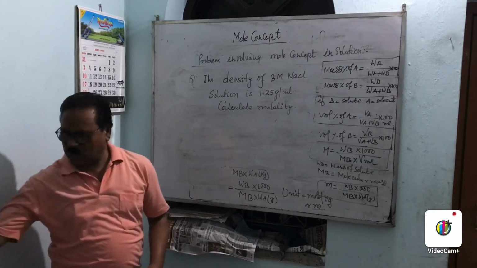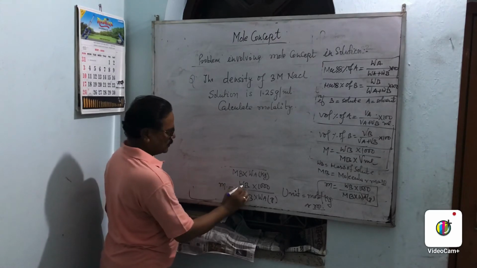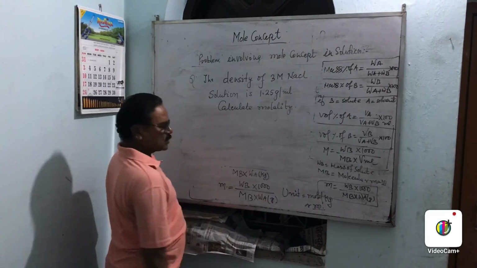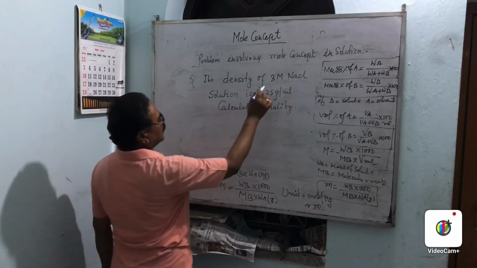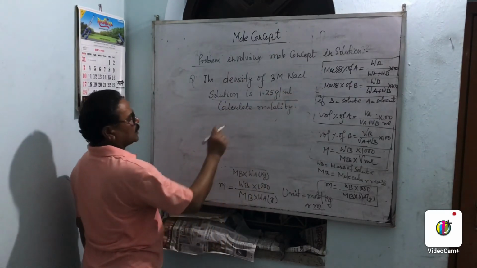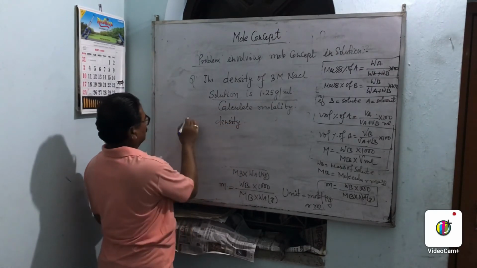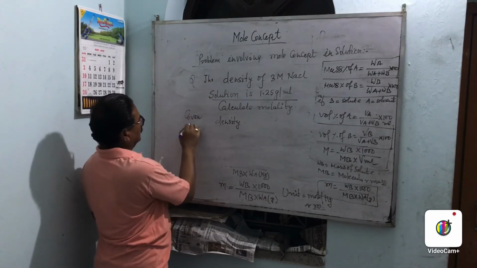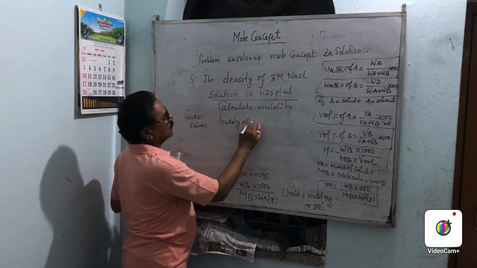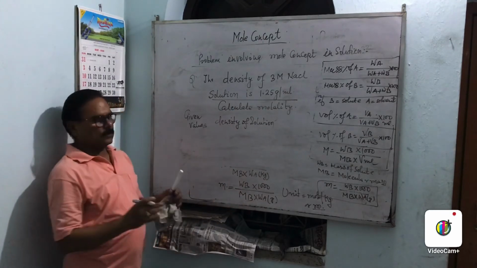Now the formula is written on your board. That is weight and molecular weight, and this is the mass of the solvent. First, the density of the solution is given. You see, given values. What are the values? Density of solution. If you are not able to find out, then you will be in problem. So you read the question, what is given?